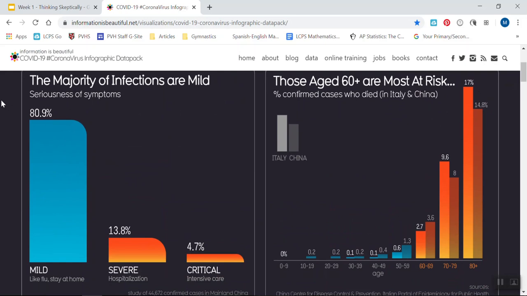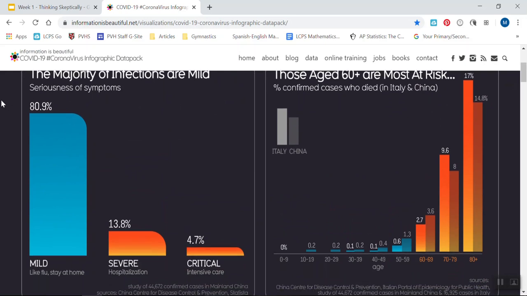This says that about 81% of people who get coronavirus have mild symptoms. About 14% have severe symptoms, and about 5% have critical symptoms. So in terms of the graph itself, things that could be misleading, well, why did they choose to have different colors for the bars?